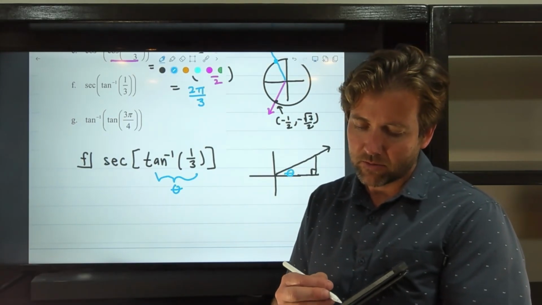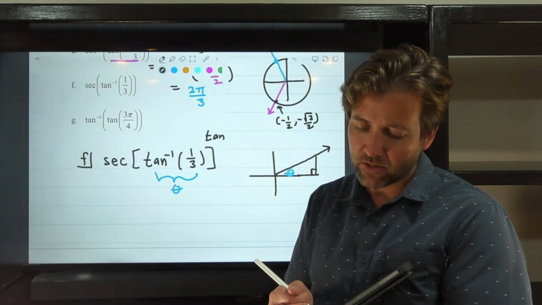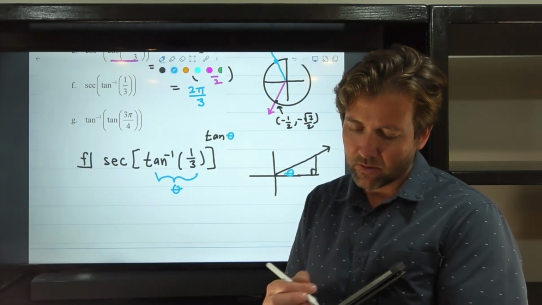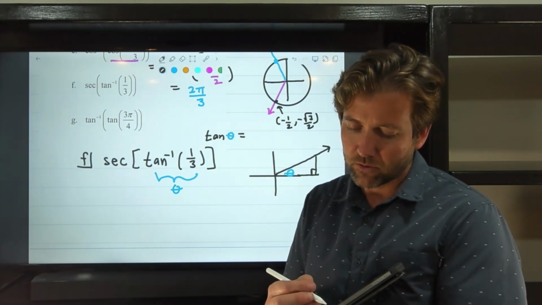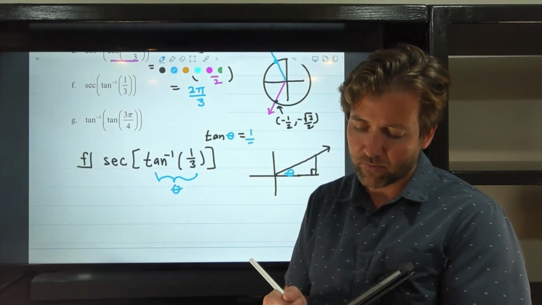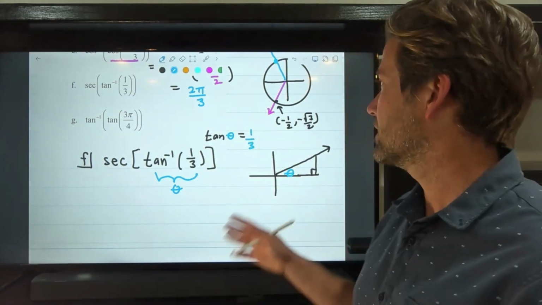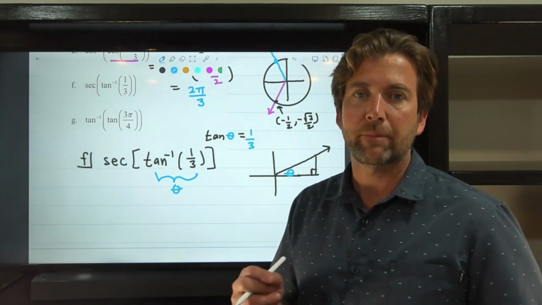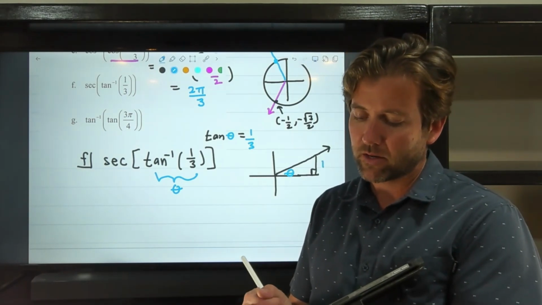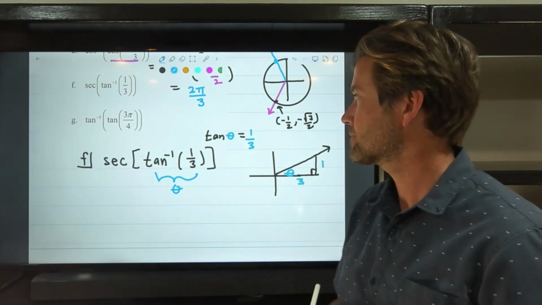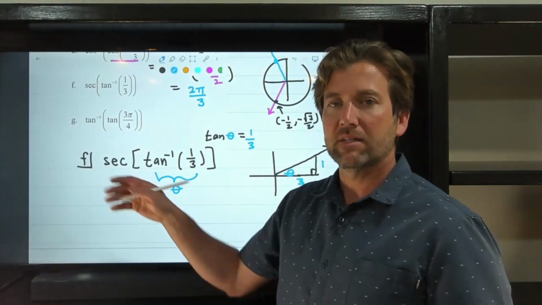That means the tangent of theta is equal to 1/3. Tangent of theta given a right triangle is the opposite over the adjacent. I want to know what secant is.